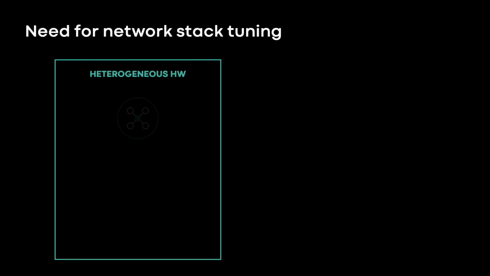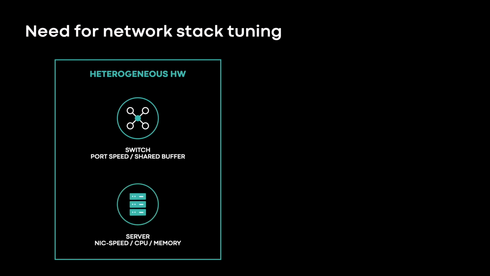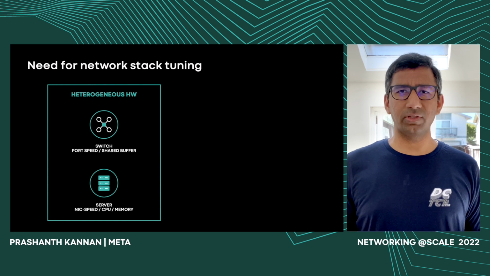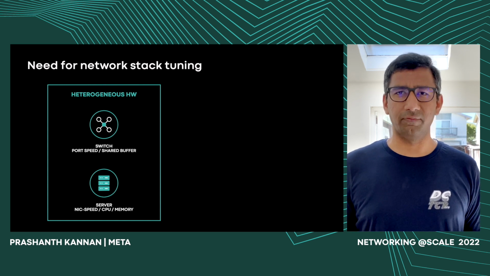Now, why do we need network tuning? A large proportion of Meta data center traffic uses the kernel TCP IP stack. This provides us an opportunity to optimize the stack based on network characteristics and service requirements. With a large fleet size of over 1 million servers, we have to support different generations of hardware.